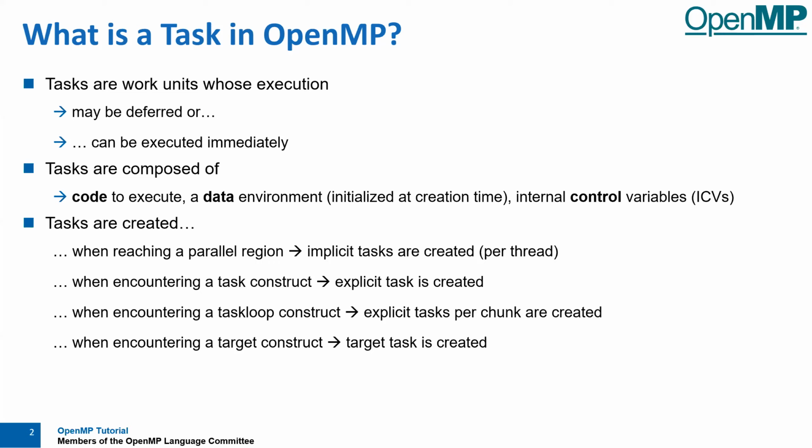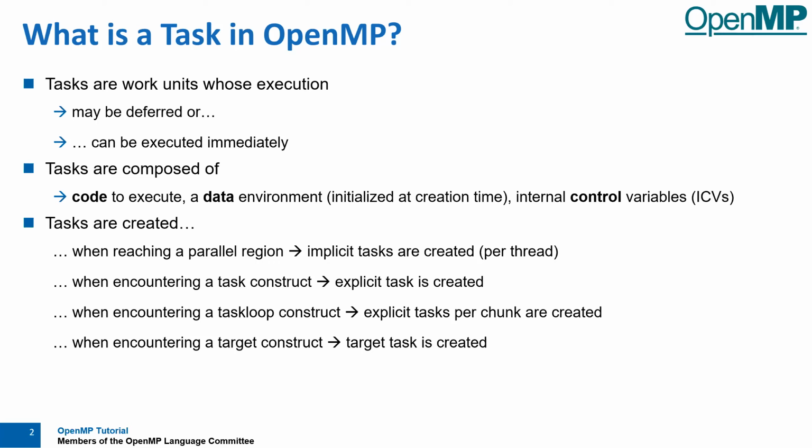Technically, a task is the piece of code that you want to execute, like in Christian's example, potentially one integration point in the Pi example, or something to print on the screen, just the code that you actually want to be executed as part of that unit of work.